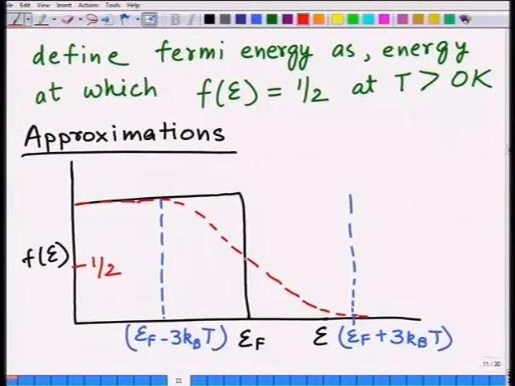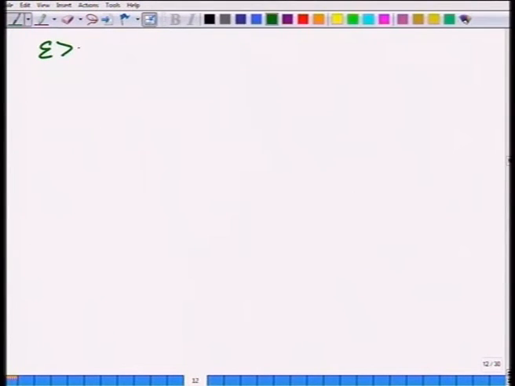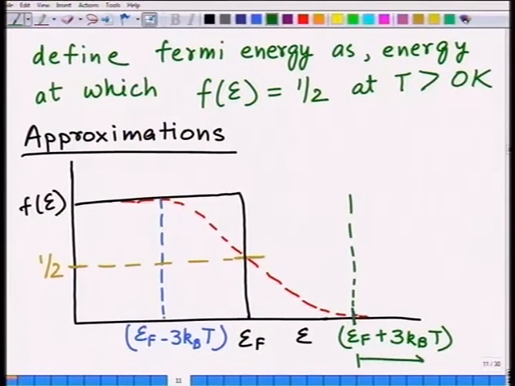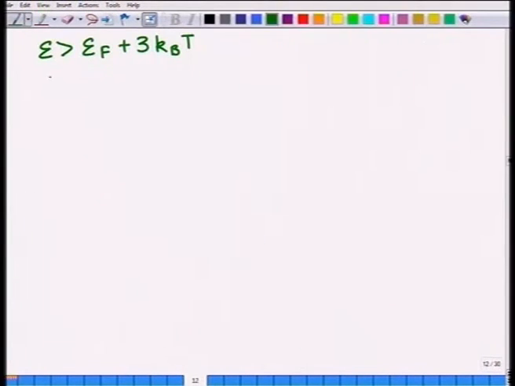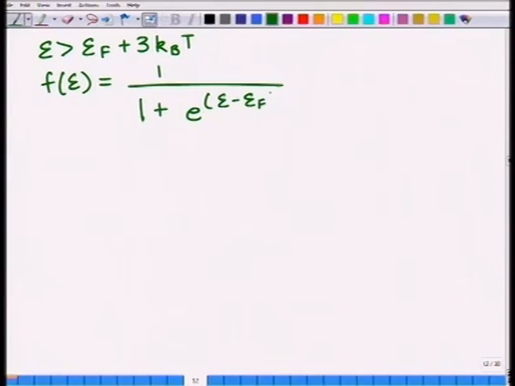If that's the case, then let's make an approximation. For E greater than EF plus 3 kBT, that means for energies beyond here, what happens to my F of E? F of E is 1 over 1 plus e to the power (E minus EF) by kBT.